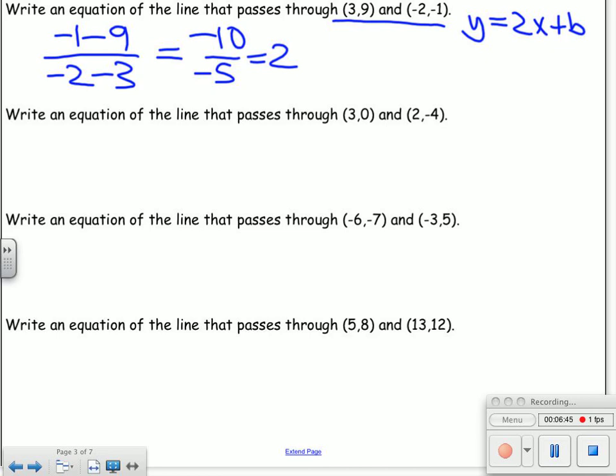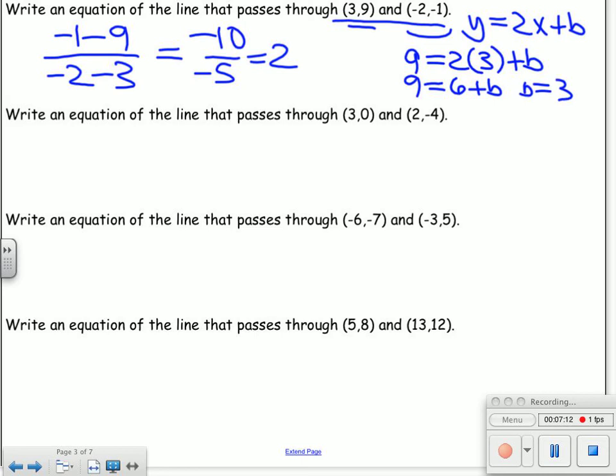So now we've got part of our equation here. Now we take either of those 2 points, whichever one is easier for us. I'm just going to choose the first one, and substitute these values into this equation. So y's value is 9 is equal to 2 times 3 plus b.